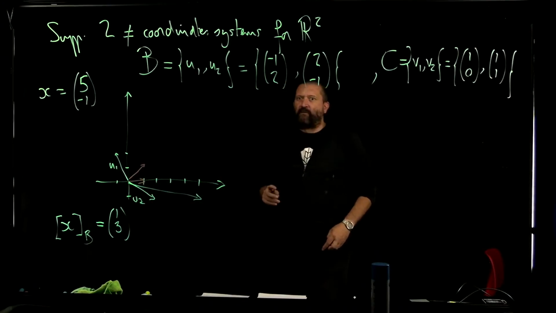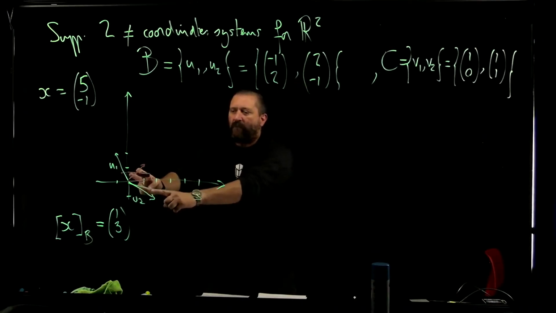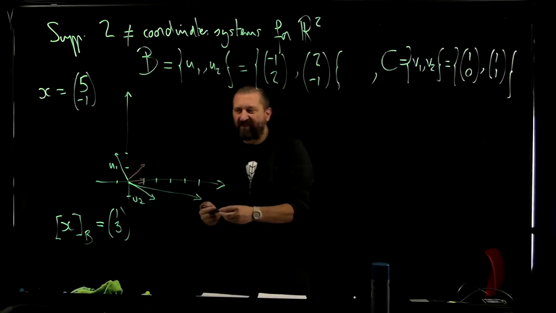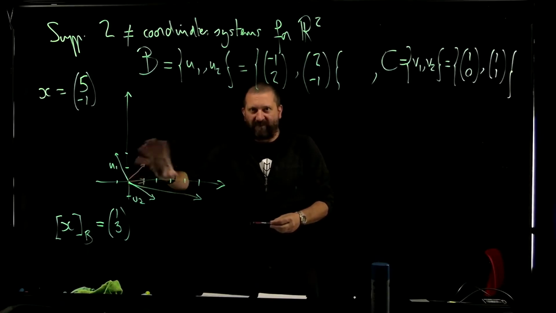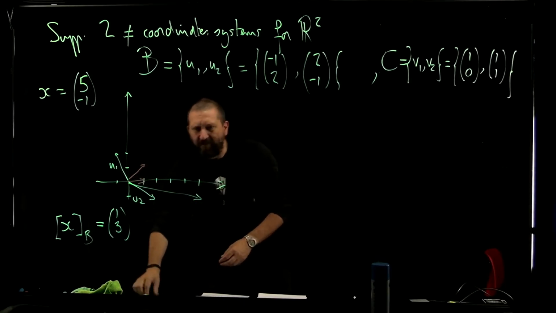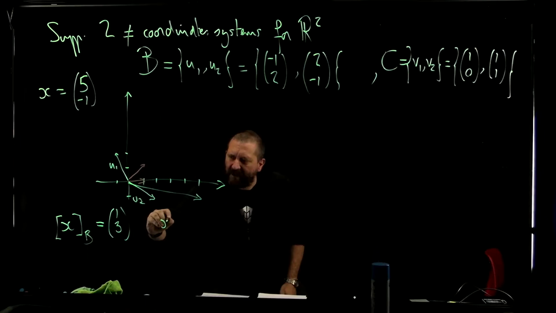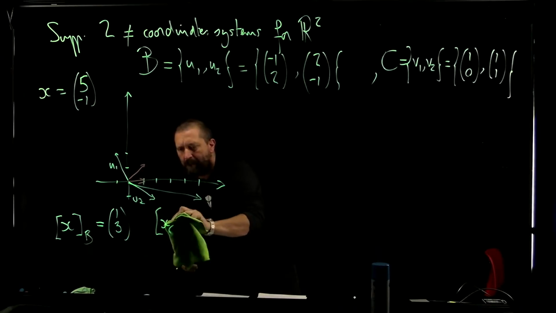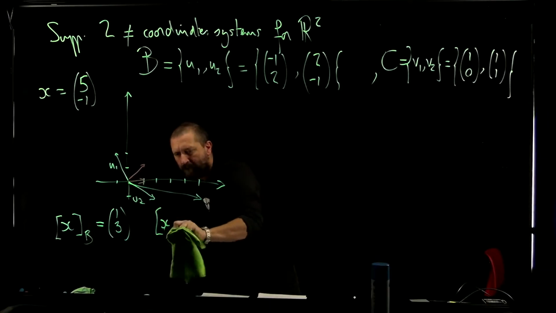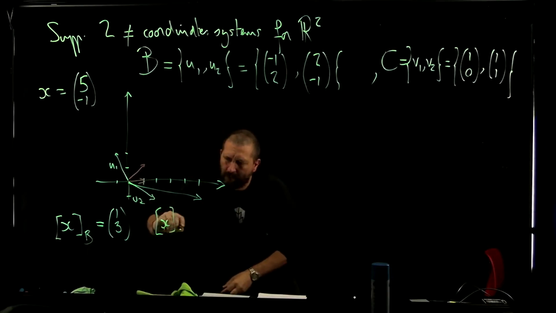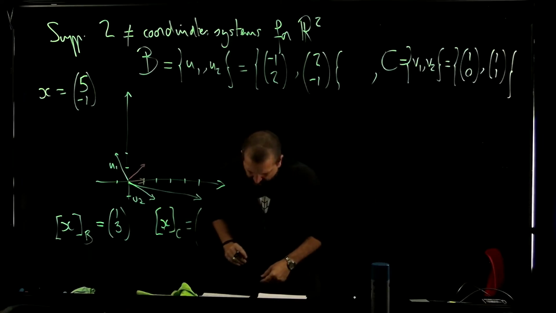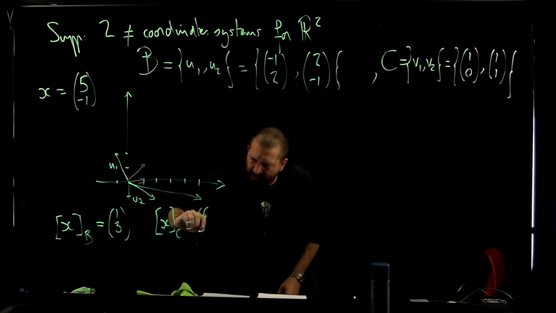Okay, so now again I want to express this vector x in terms of these coordinate systems, and in that case I get that x in this basis C has coordinates (6, -1).